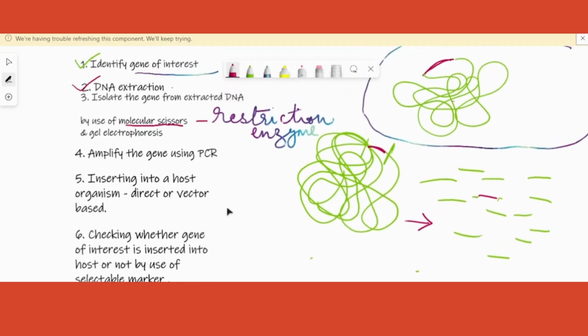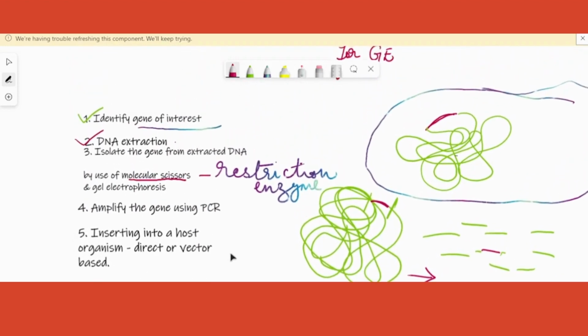We have to make multiple copies of that same gene. After this process of gel electrophoresis, I have only one gene, and I have to make multiple copies, 100 times. For that, we use a process called PCR, polymerase chain reaction.